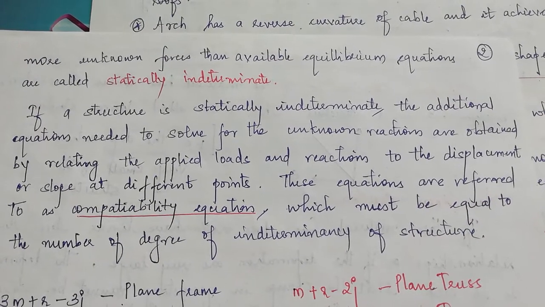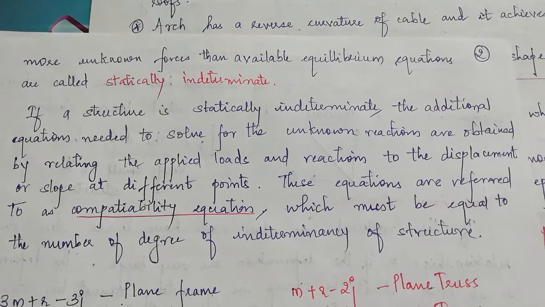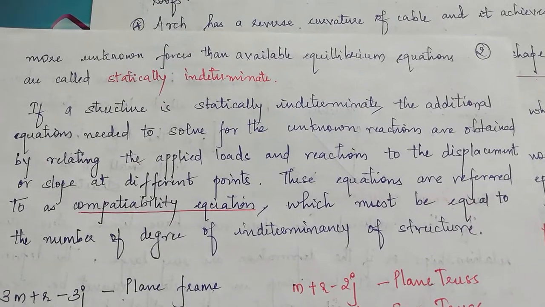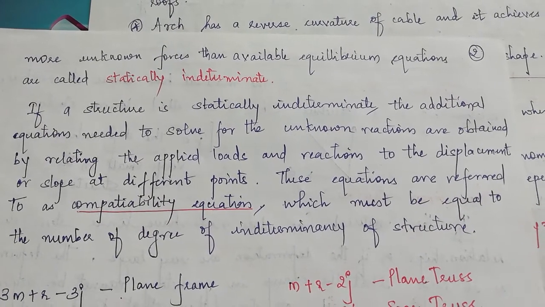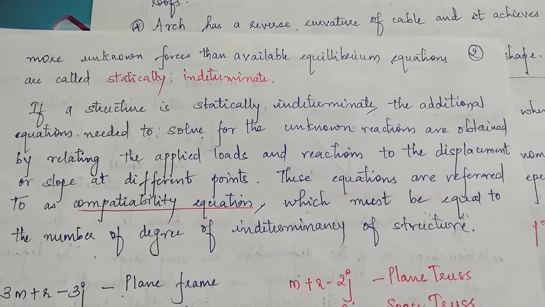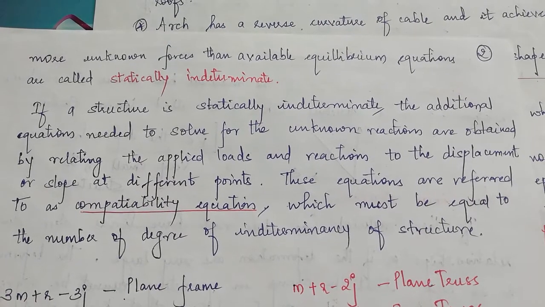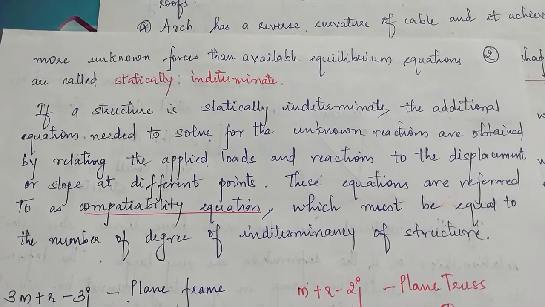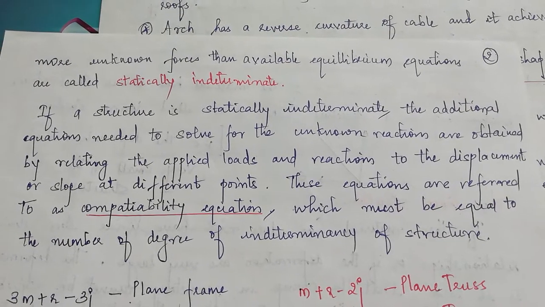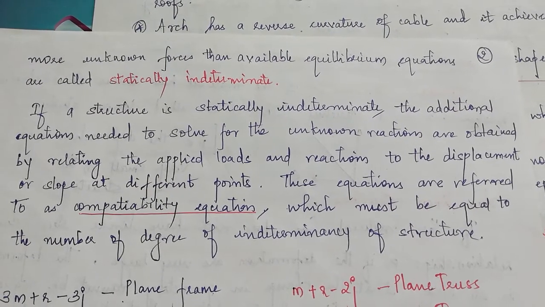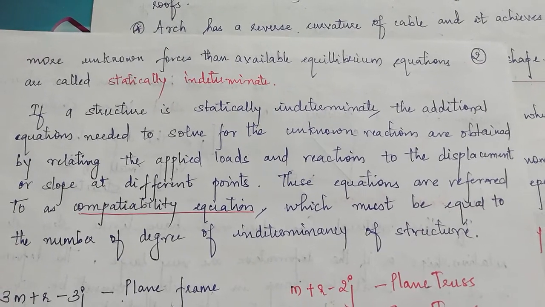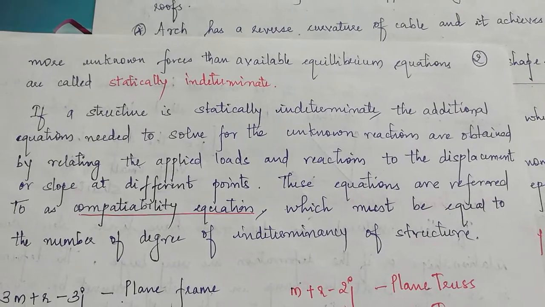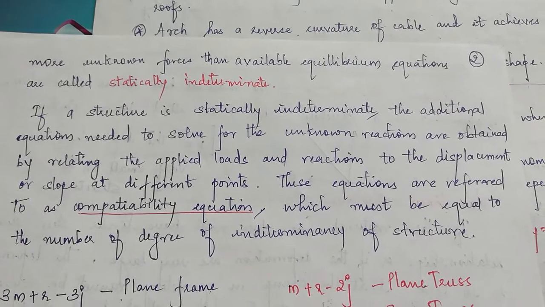Now, when those unknown, or you can say extra equations are there, those extra equations are called compatibility equations. To solve those extra equations, we bring in an internal hinge, or we try and bring some continuity equations, or continuity of slope, or continuity of deflection. That kind of conditions are called compatibility equations.